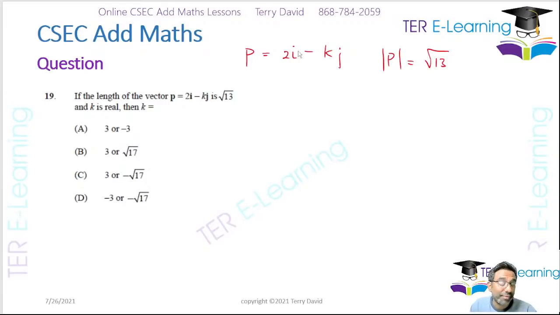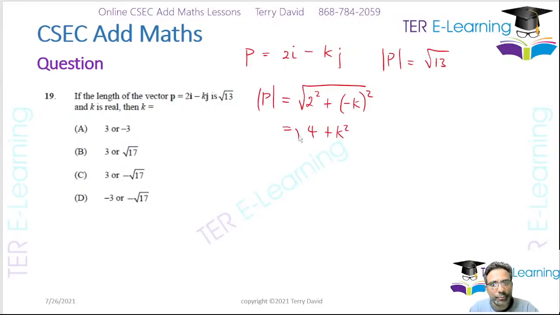Now, you all need to know how to find the length of a vector, right? So the length of this vector is given by 2 squared, right, plus minus k squared, and you have to find the square root of that. That's how you find the length of a vector. So this is going to give me 2 2s are 4, k squared, so it's 4 plus k squared, and we're finding the square root. However, they've told us that the length is square root 13.